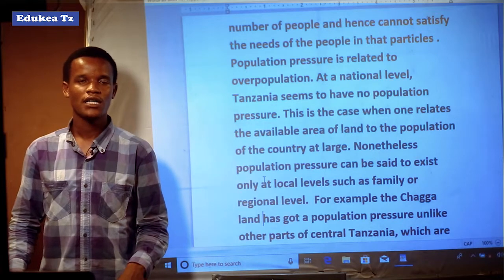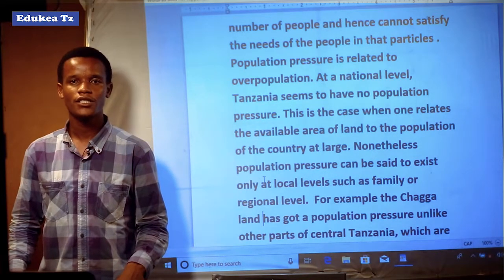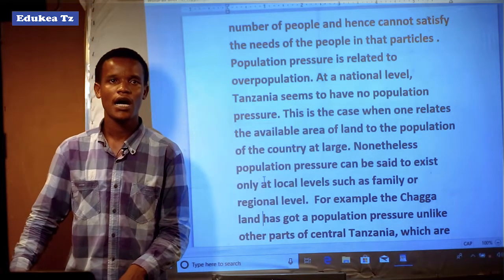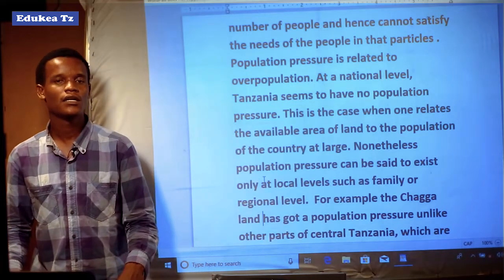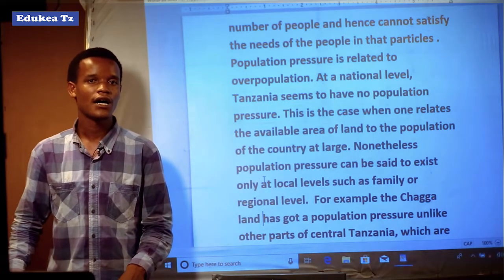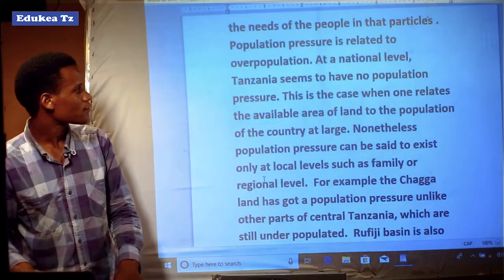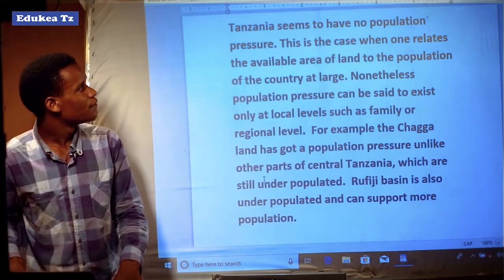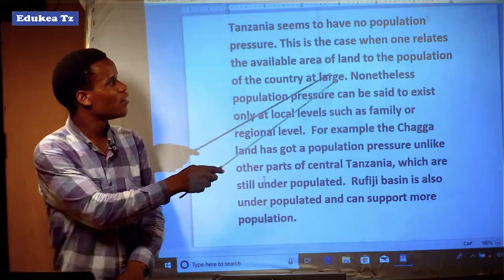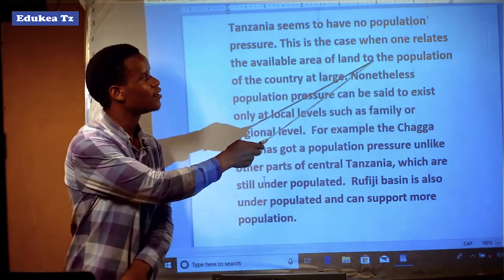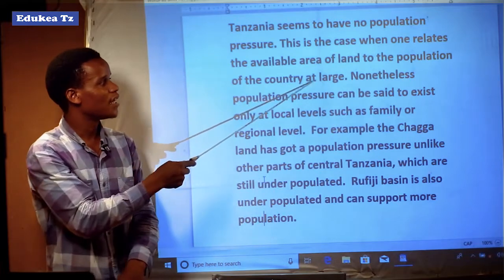That encourages the growth of population, and hence the population tends to be high compared to countries like Tanzania that don't have a high population. This is a case where one relates the available area of land to the population of the country at large.